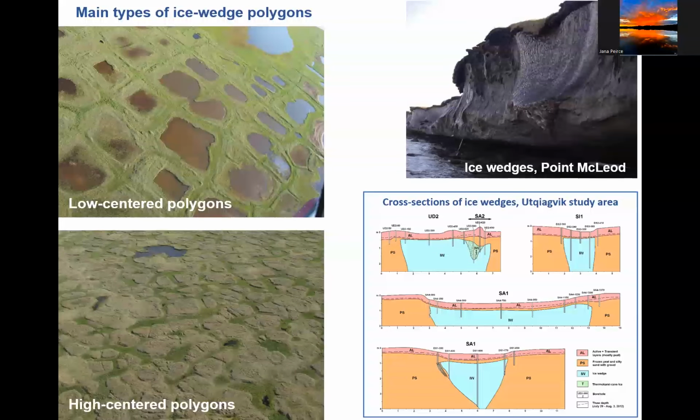You can see examples of cross sections of ice wedges here in the Utqiagvik study area, and some in the old surface, some wedges here are really big, sometimes 7, 8 meters in width. They can penetrate up to 4 meters in depth.